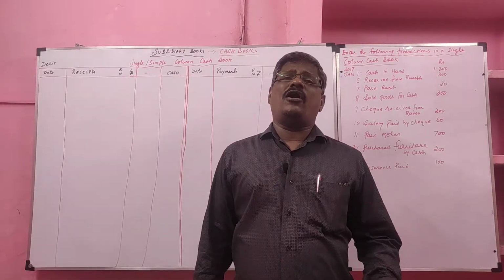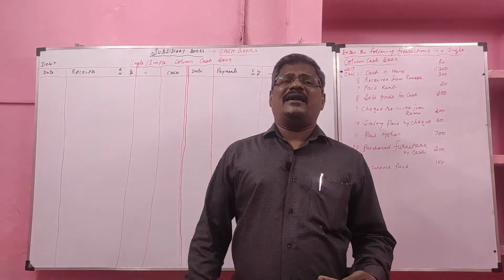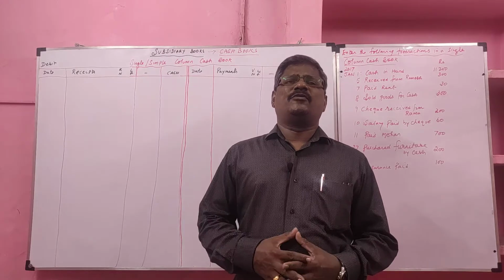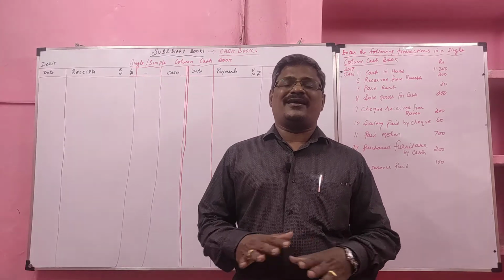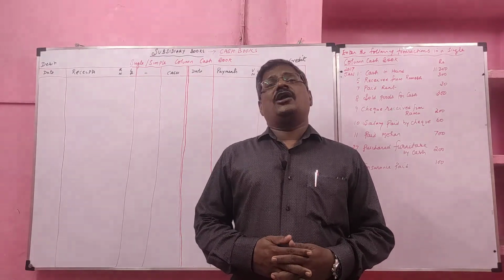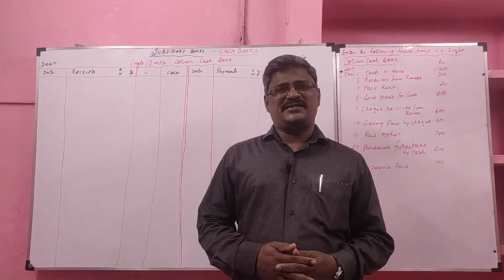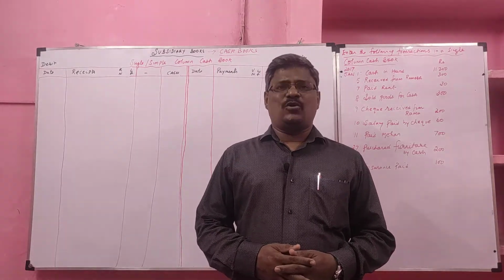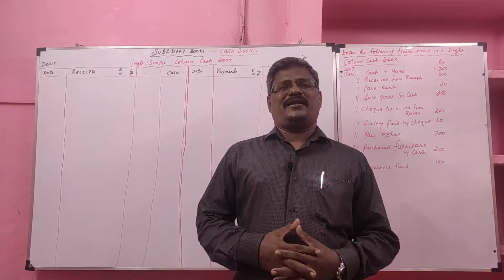On the debit side, all cash receipts are recorded, and on the credit side, all cash payments. Credit transactions are not recorded, and non-cash items such as depreciation, bad debts, outstanding expenses and accrued income are not to be recorded.